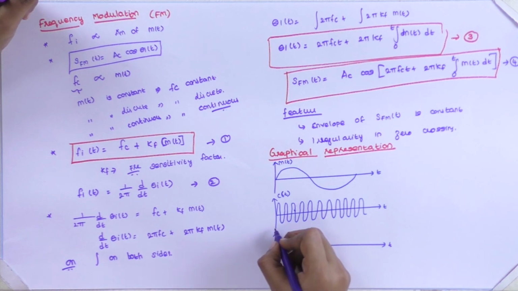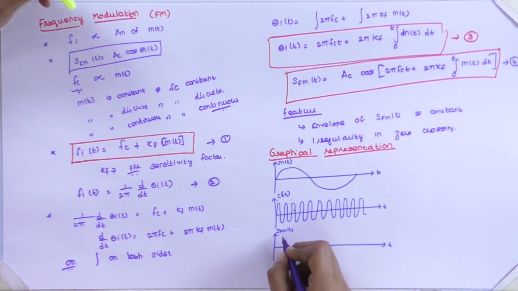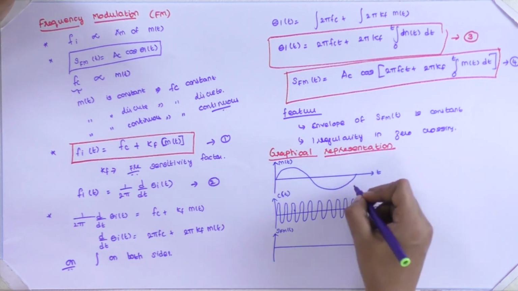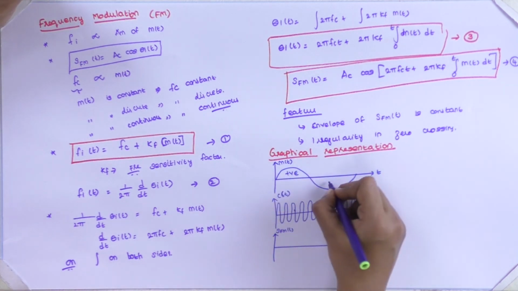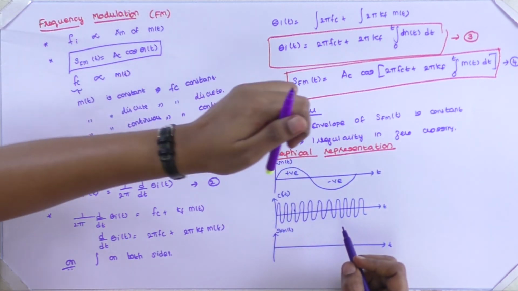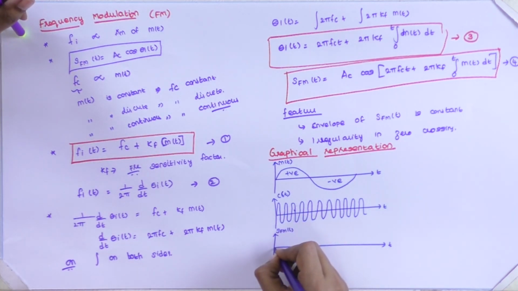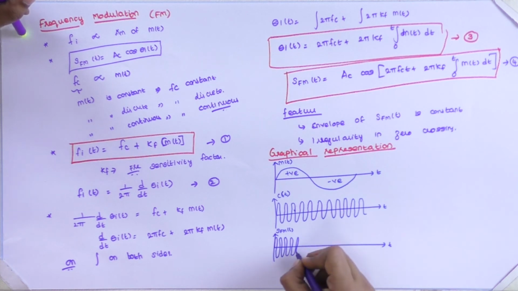This is our frequency modulated signal S FM of t. Whenever we have a positive cycle, we have high frequency, and in the negative cycle, we have low frequency. Therefore, the carrier frequency will be changed according to this.